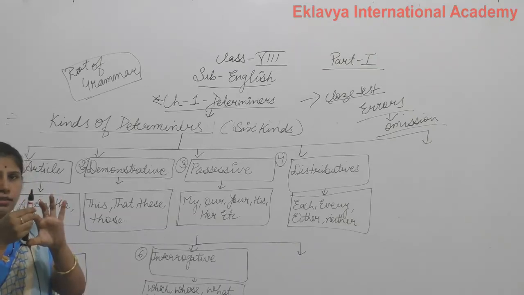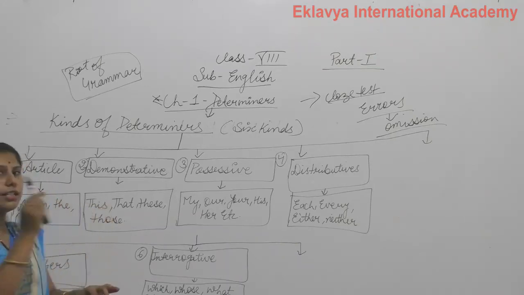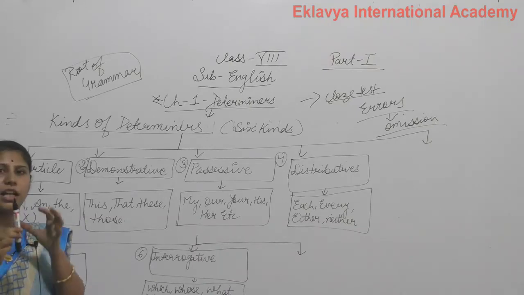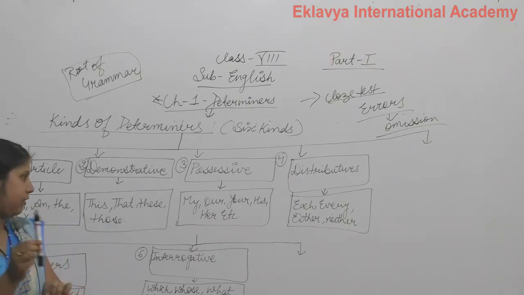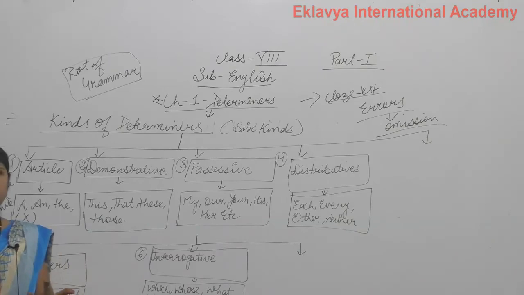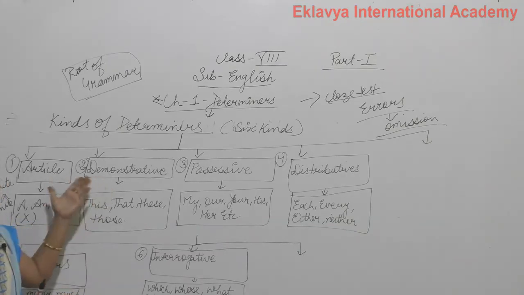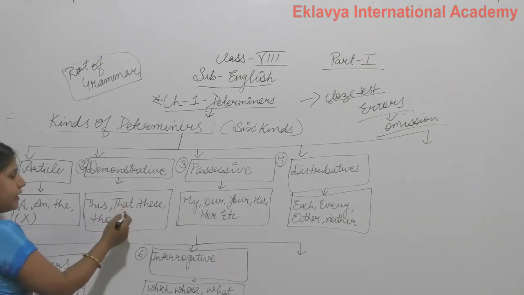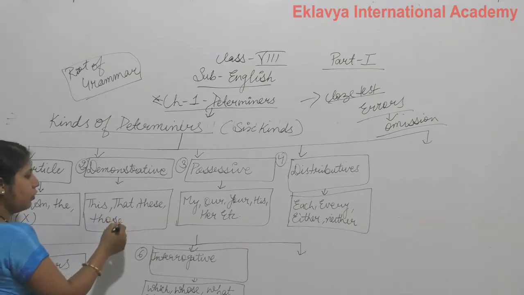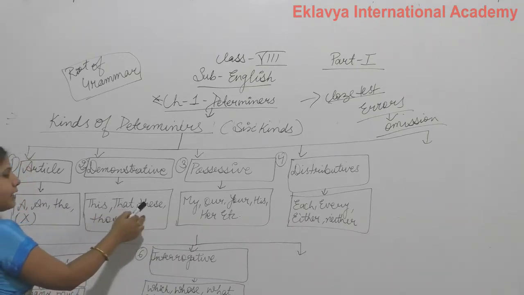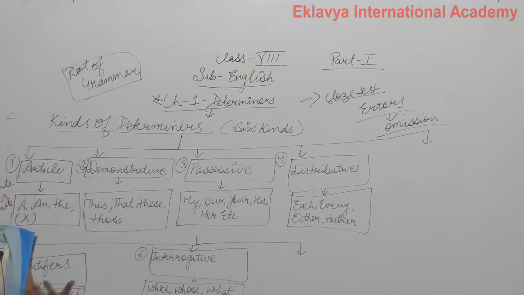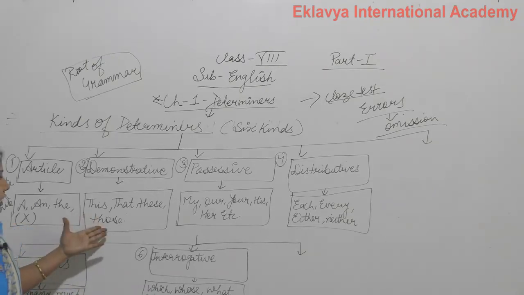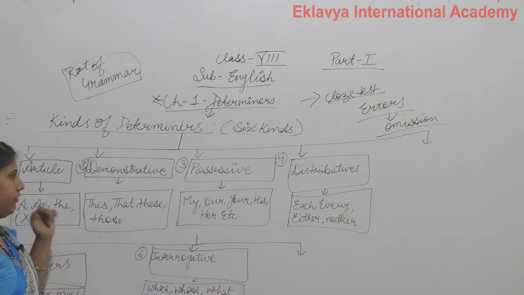So I pointed out the marker. When we point out something, that is called demonstrative. And when we point out something, we mostly use this, that, these, those. Means this, that, these, those point out the noun. So this is called demonstrative.